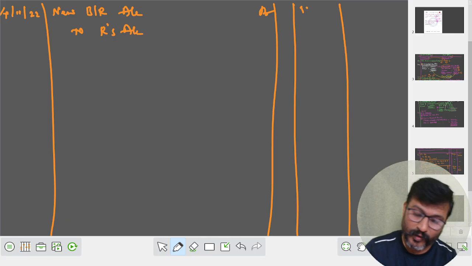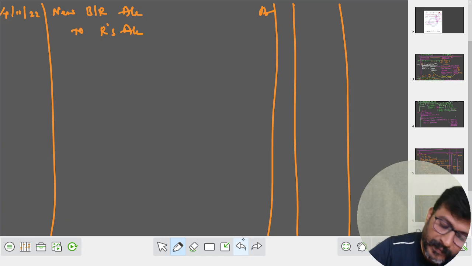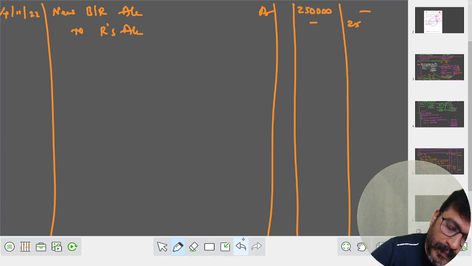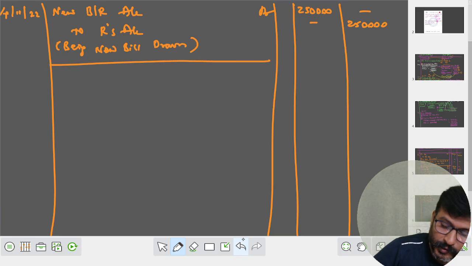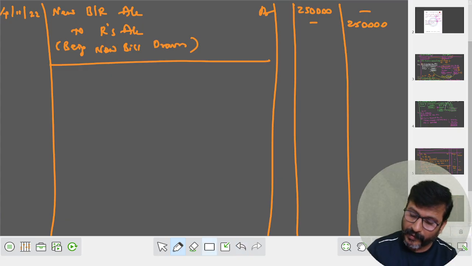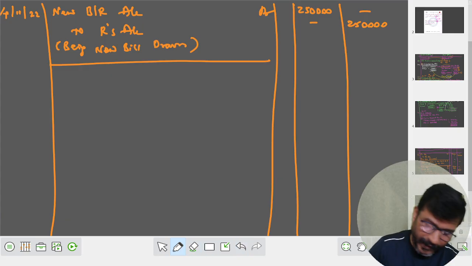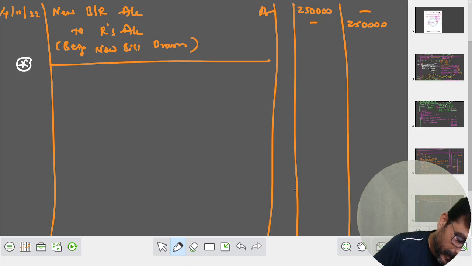It is an amount of rupees 2.5 lakh. Being new bill drawn. Okay.